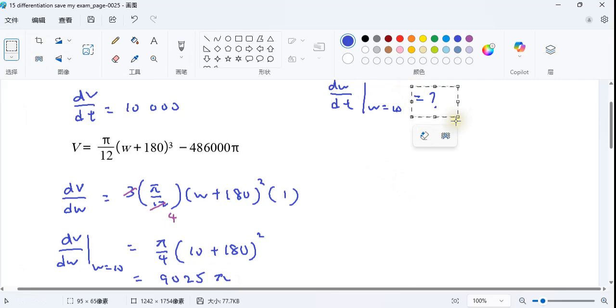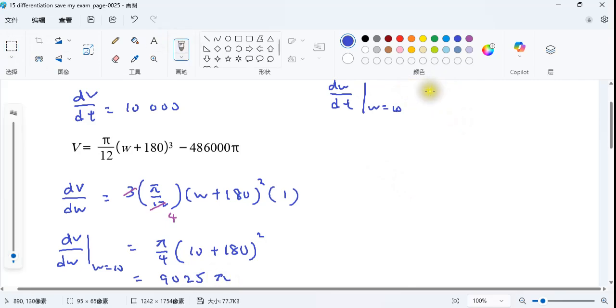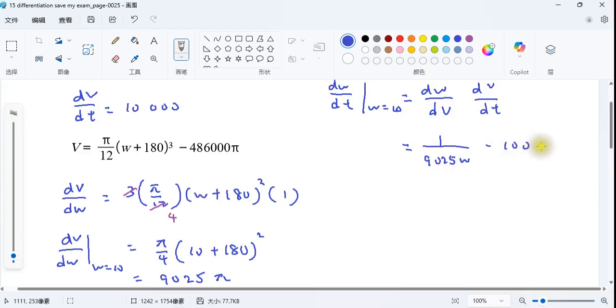So dw/dt is dw/dV times dV/dt. This is 1 over 9025 π times 10,000.